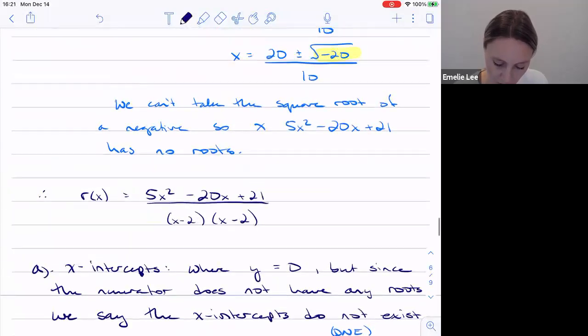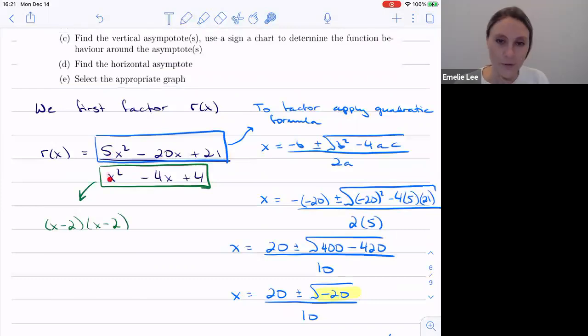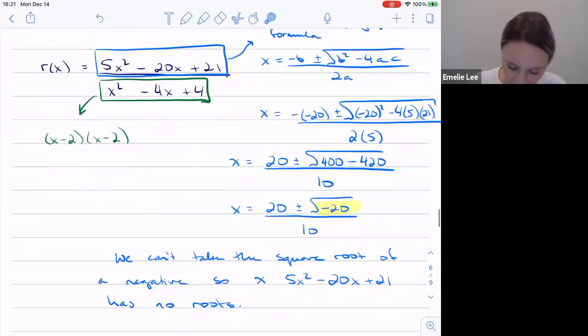Let's go to the original because it's easier to look at. 5 over 1, so just 5.